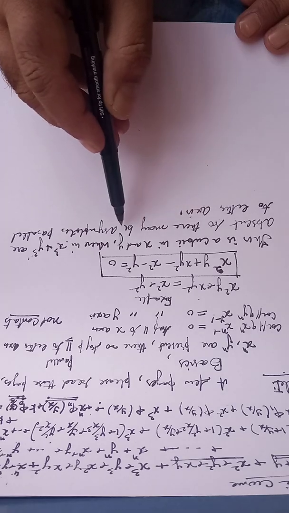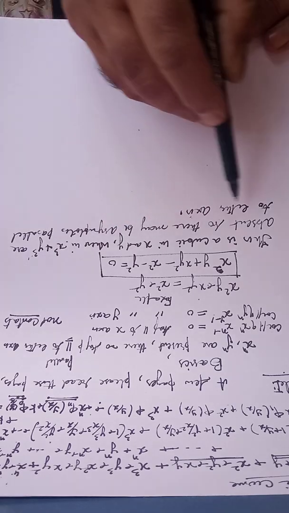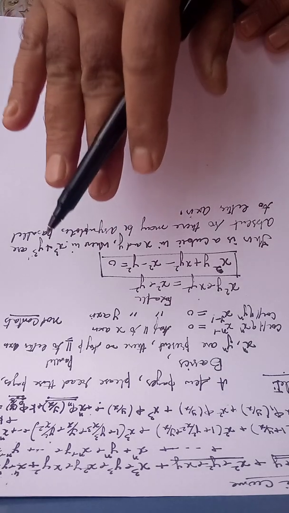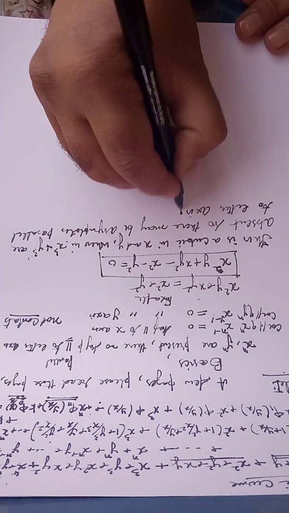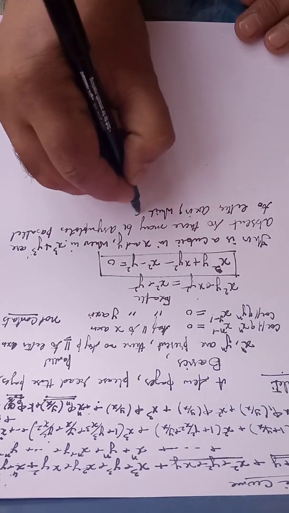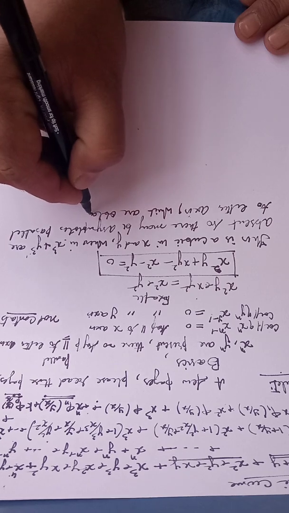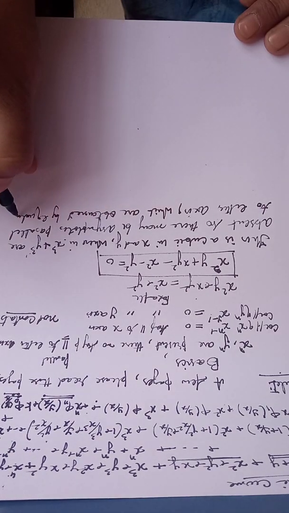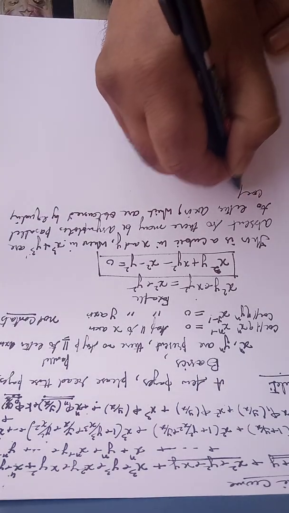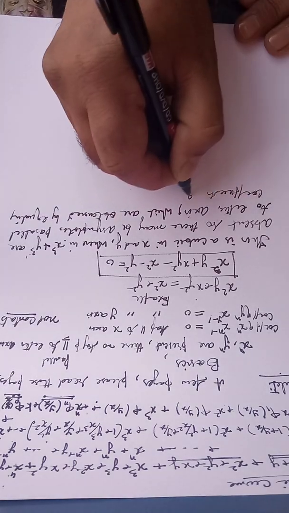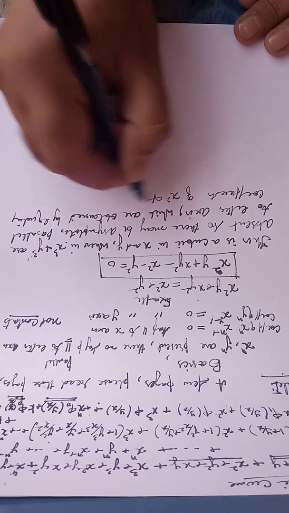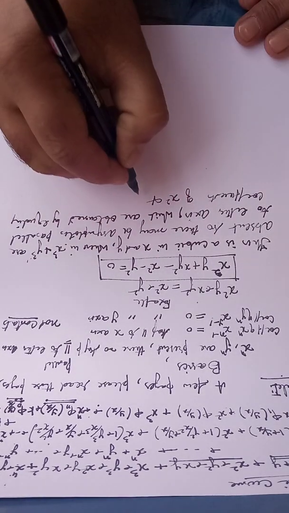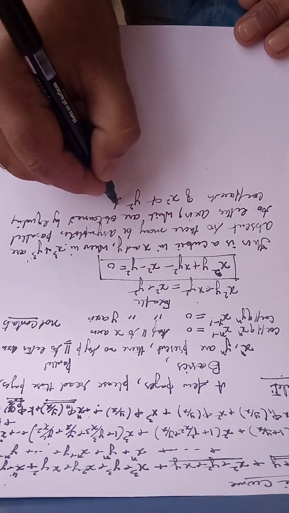So there may be asymptotes parallel to either axis, both x axis as well as y axis, which are obtained by equating the coefficients of x square, the next lower power, and y square to 0.